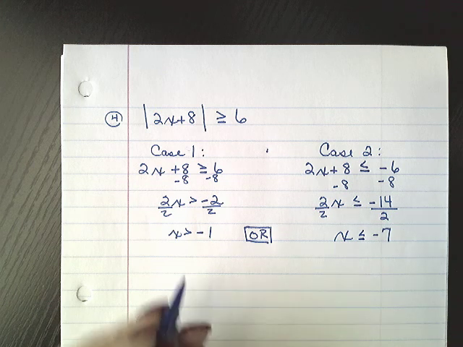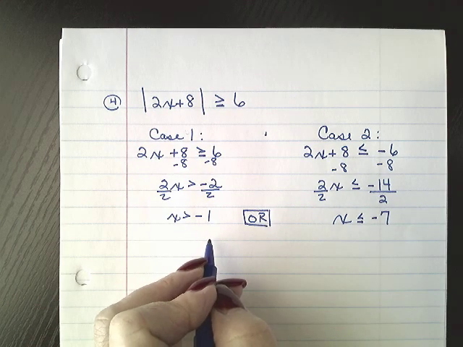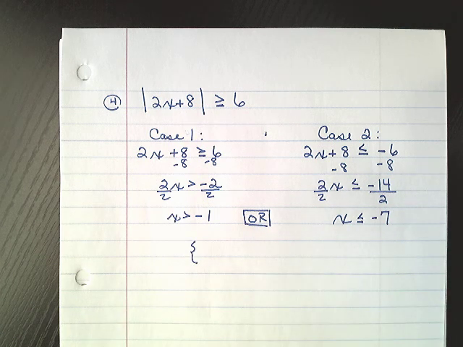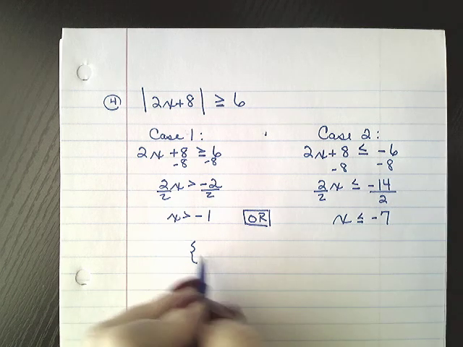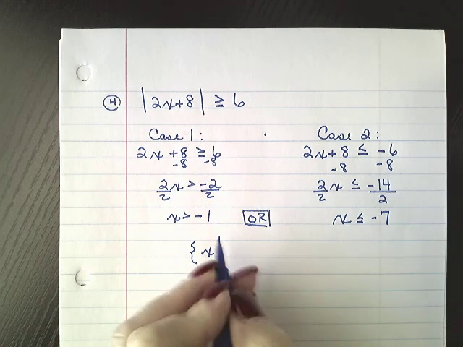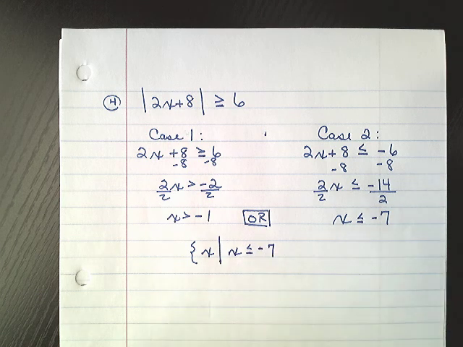So we can represent that as saying the solution set would be for all values of x that satisfy the inequalities, that x is less than or equal to negative 7. That's going to go into the left side of your graph.